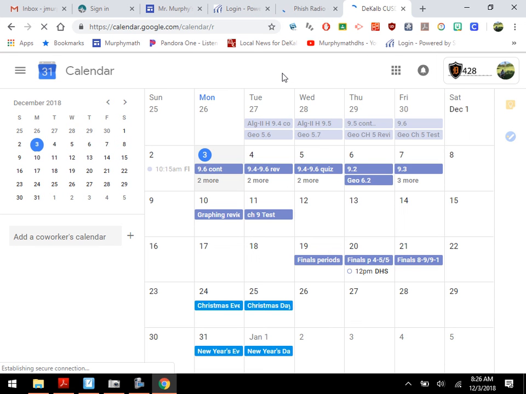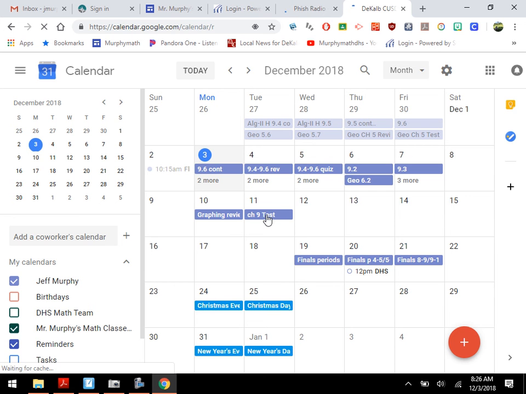So when I was looking at the calendar, so you guys know, my best guess is I'm probably leaning more towards the 12th being the test, not the 11th.